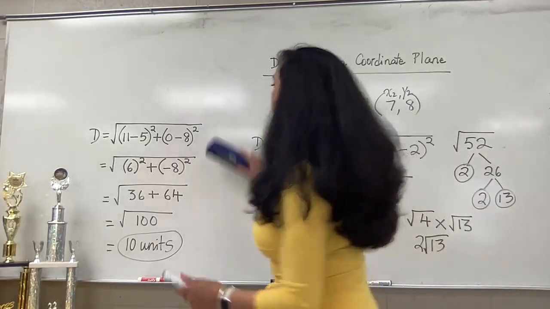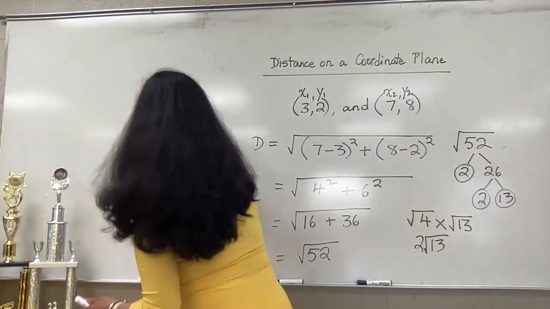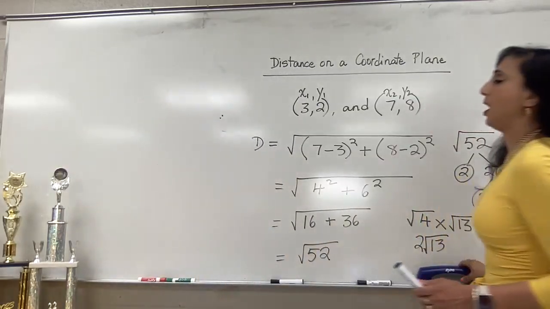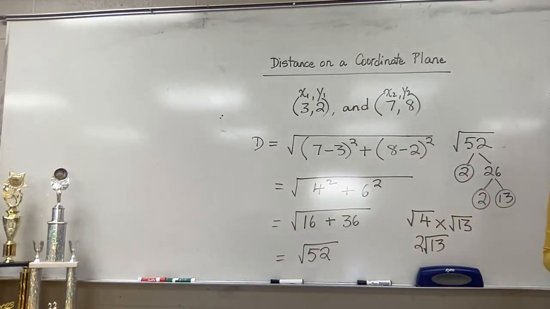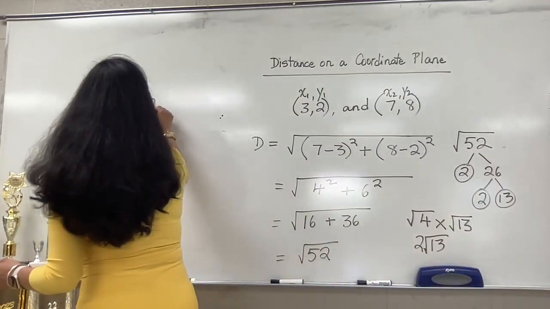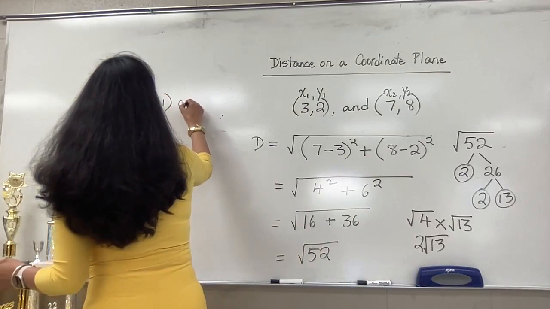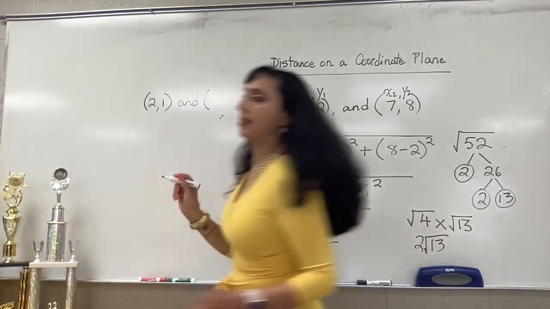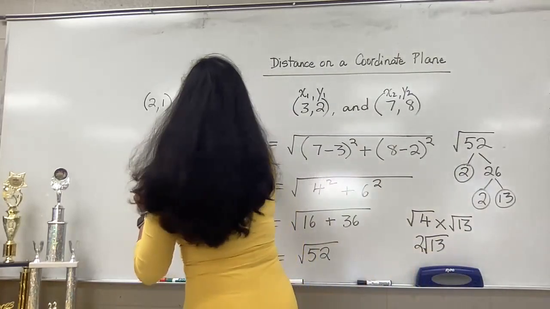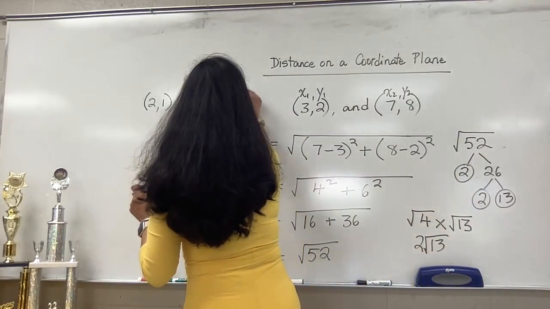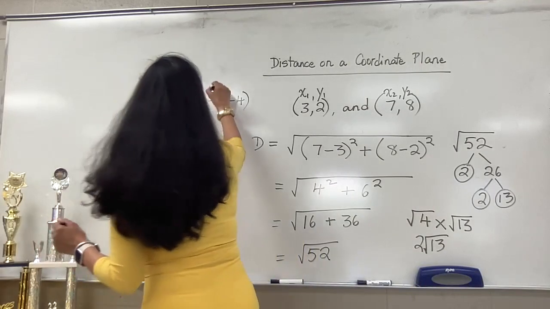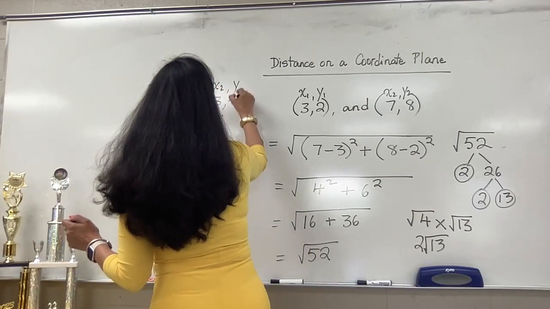So let me erase this one. Let's say my ordered pairs now are 2, 1, and -3, -4. Once again, x1, y1, x2, y2.